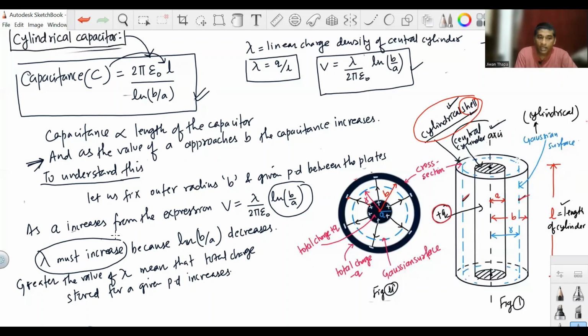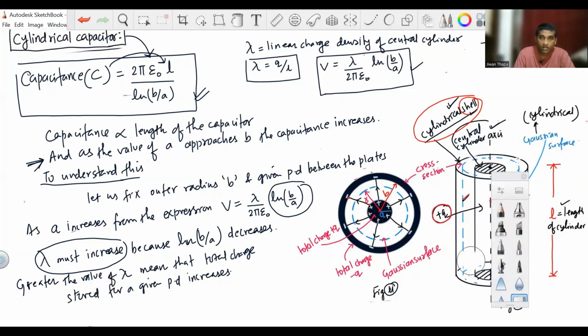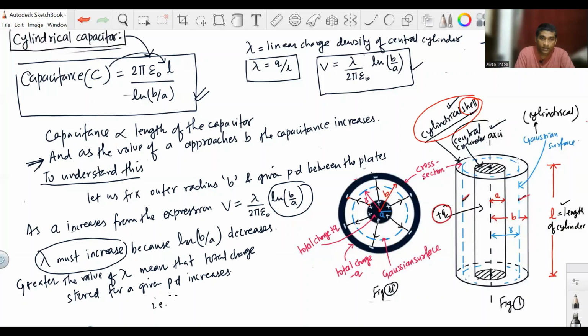So the value of lambda is high. So greater lambda, that is capacitance, increases. So greater value of lambda means that total charge stored for a given potential difference increases, that is capacitance of the capacitor increases.